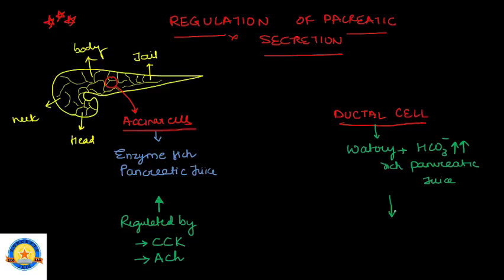And the ductal system is regulated by secretin. This much only you should remember. This is the logic, the rest of the theory you can read. Acinar cells are the enzyme-producing cells, and the ductal cells mainly secrete water and bicarbonate. Acinar cells are regulated by CCK and acetylcholine, and the ductal cells are regulated by secretin.